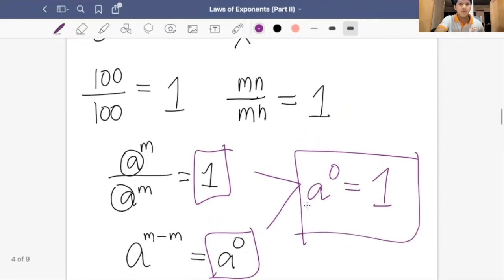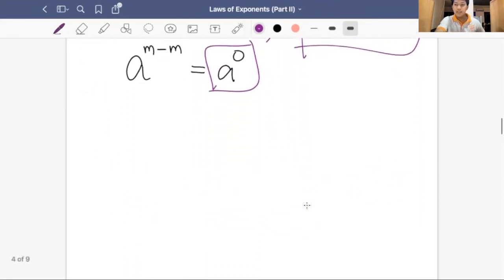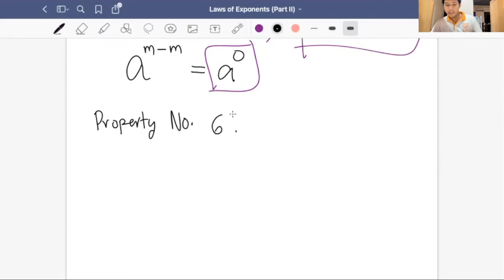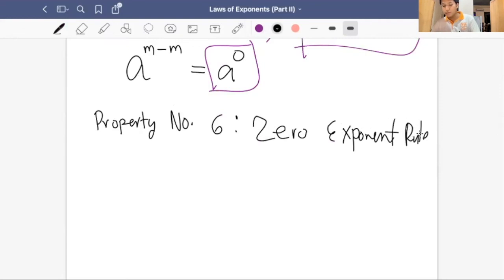So now let us formally write our property number 6, which is the zero exponent rule. The zero exponent rule: any non-zero base raised to the 0 power is equal to 1. I'm going to write that.